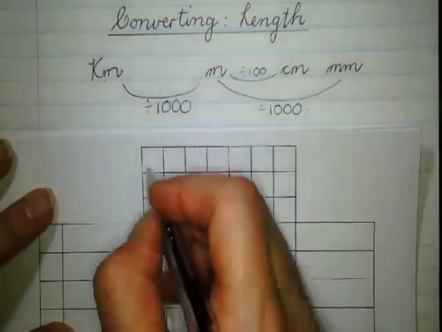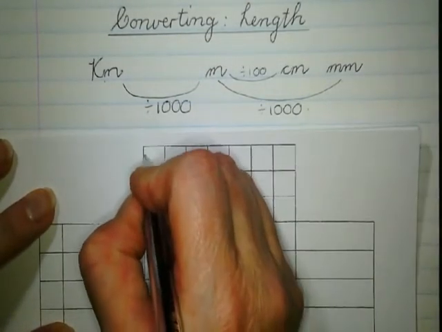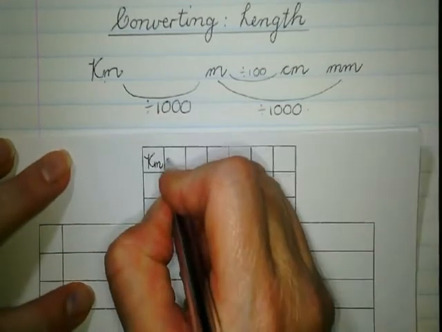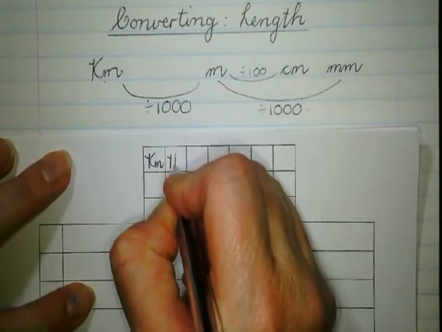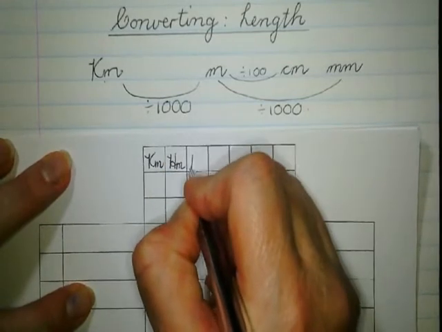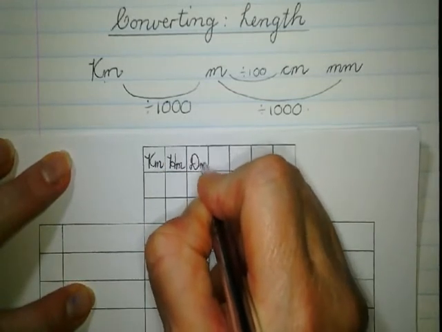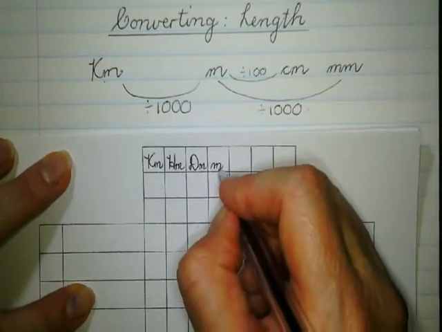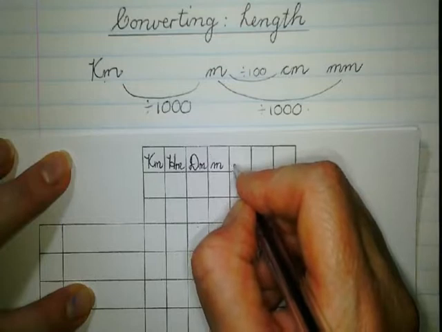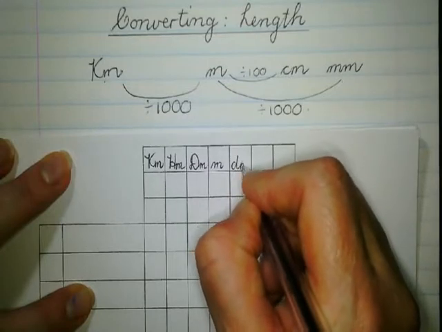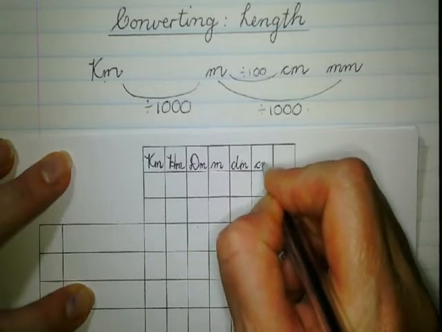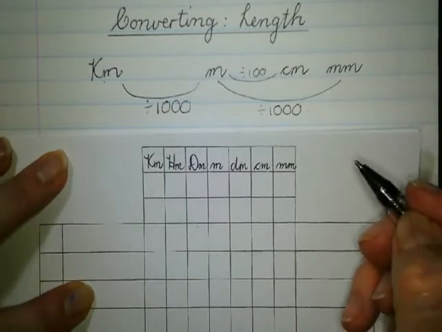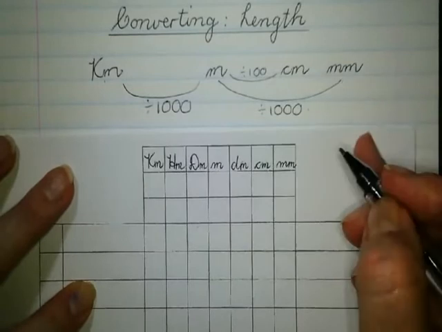We are going to complete the following: the kilometers, then after that we get hectometers, then decameters, then we find the meters, decimeters, centimeters and millimeters. For now it looks very confusing because there are some of them you don't know.